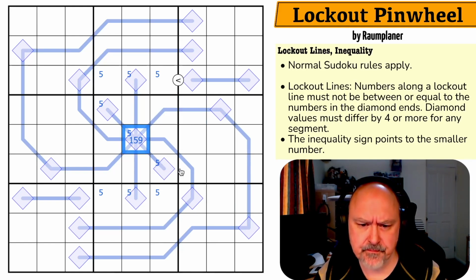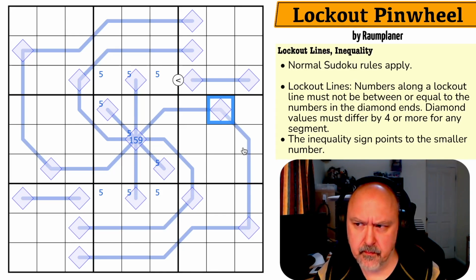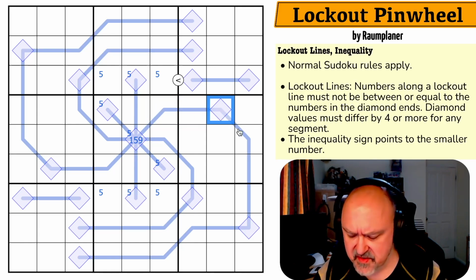So let's say this was a 1 or a 9. So let's say this was not a 5. This would have to be 4 different, but it'd have to leave room for 2 digits. So if this is a 9 and I left out 1 and 2, this would be from 3, 4, or 5. That's all it could be. That's if this is a 9.